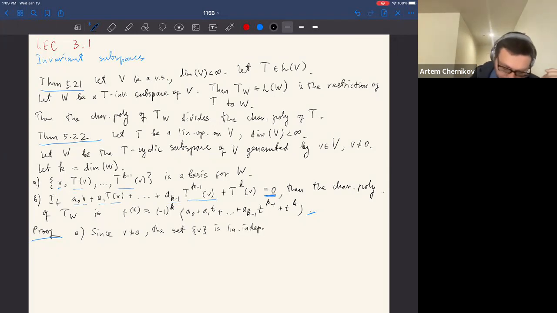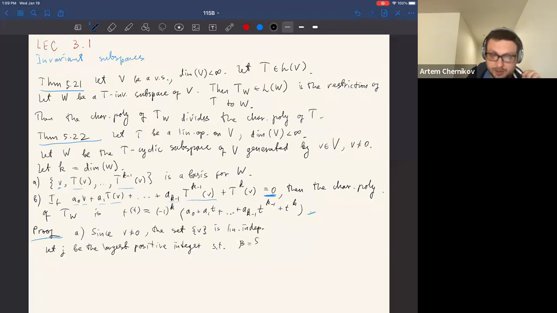So now we take j to be the largest positive integer such that we have beta consisting of v, T of v, etc. through T^(j-1) of v is linearly independent.